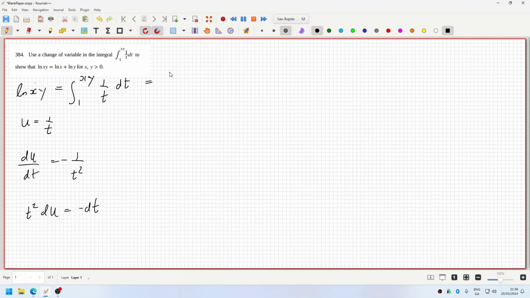So this would be the integration from a to b, which we'll have to recalculate, 1 over t times minus t squared du. So that would be minus the integral from a to b of t du.